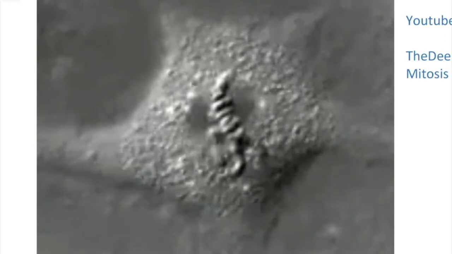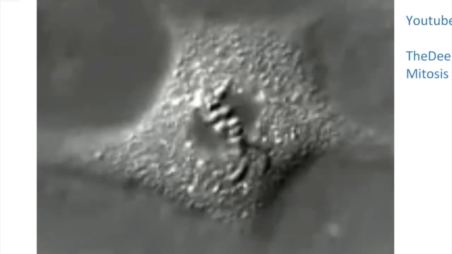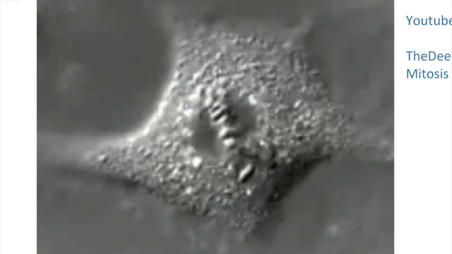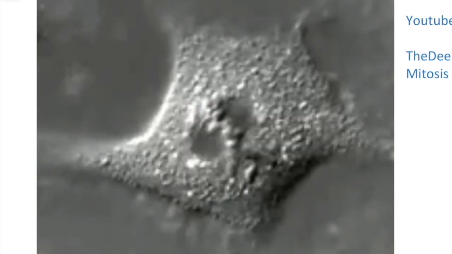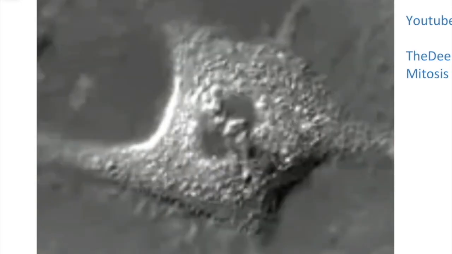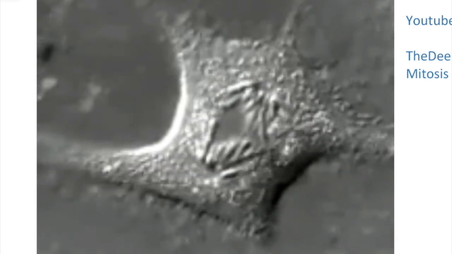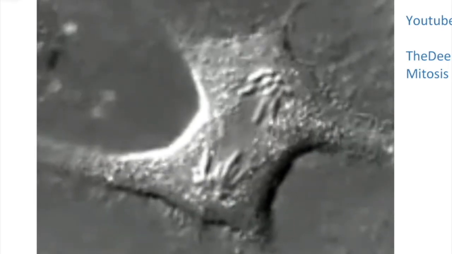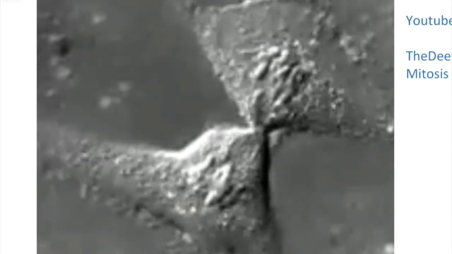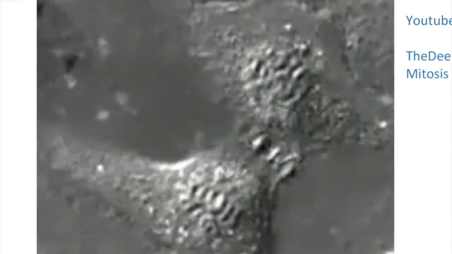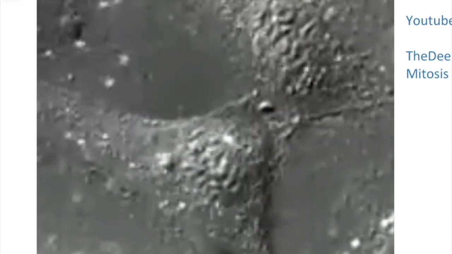And then, at one particular point when they're all lined up and everything is ready to go, we see this amazing event where they suddenly get separated and dragged to different sides. And then we get the full splitting of those cells.